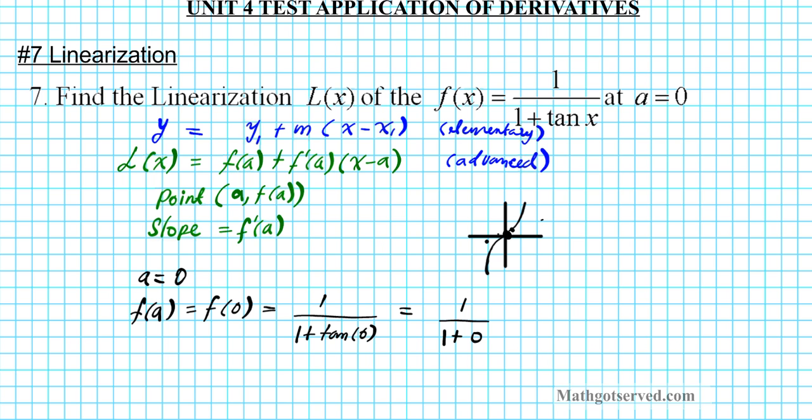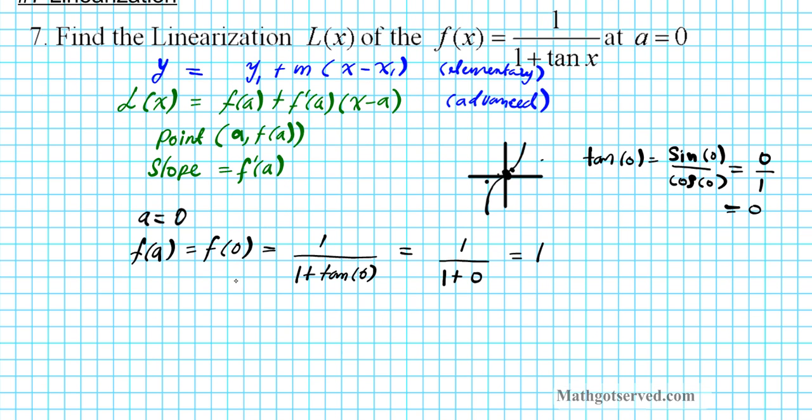At 0, tan of 0 is 0, or you can think about tan 0 as sine 0 over cosine 0. We know that sine 0 is 0, and cosine 0 is 1. So 0 over 1 is just 0. So we have 1 over 1 plus 0 equals 1. So that is your y coordinate.